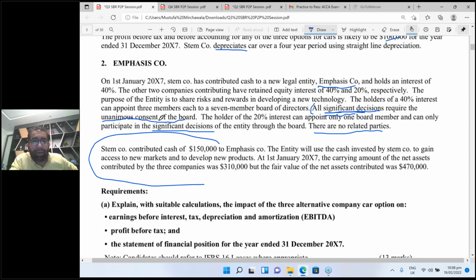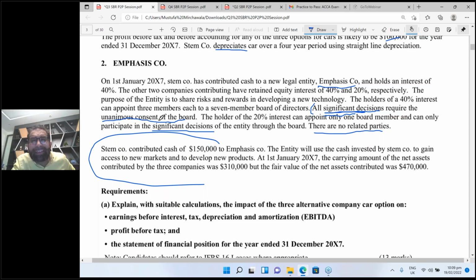The holder of the 20% interest can appoint only one board member and can only participate in significant decisions. See the technique of the examiner. He's saying the 20% interest can appoint only one board member. One is enough, because one guy can pull the chain, given the unanimous consent.